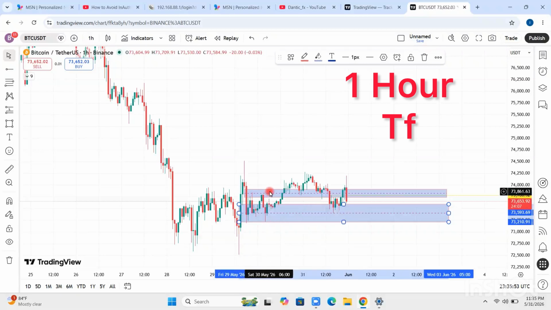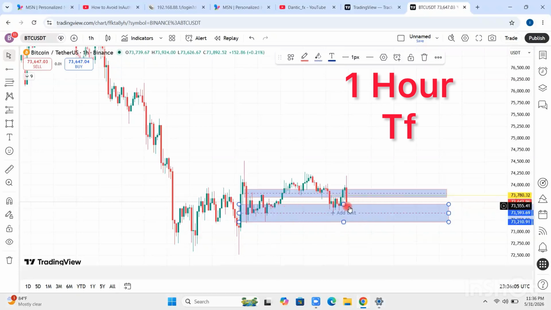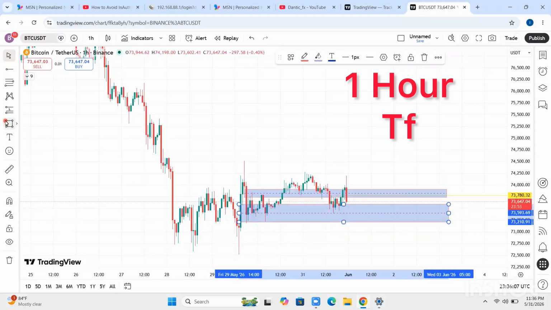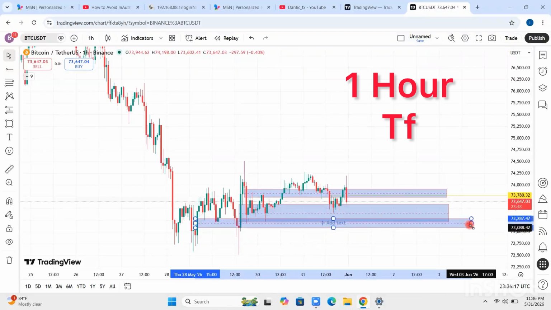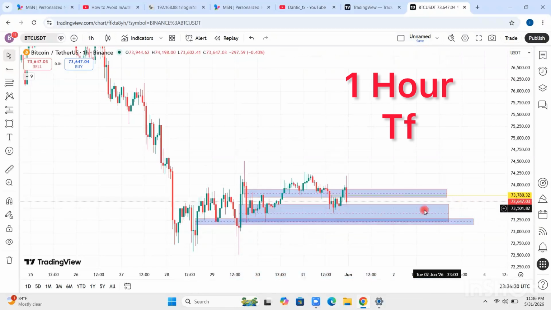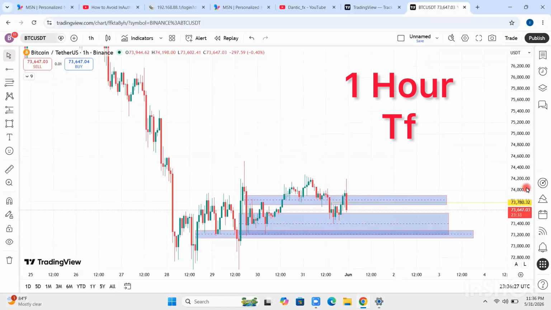And here we created another IFVG, even though the market is coming back to create FVG, we still have a nice FVG right here. And even here we have another one, and another one right here. I think I have two right here, which are supporting these markets right now.